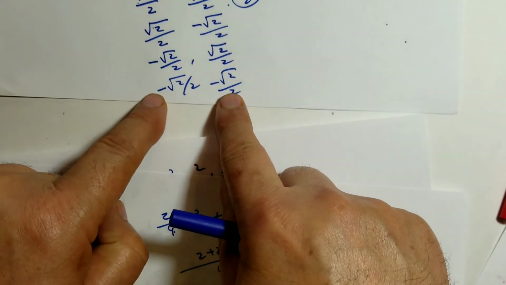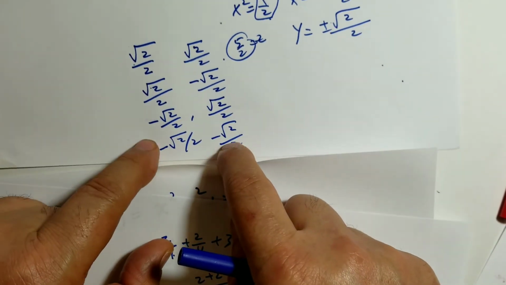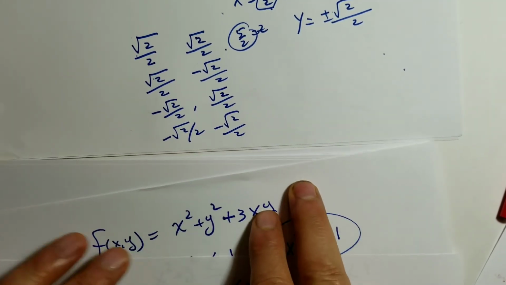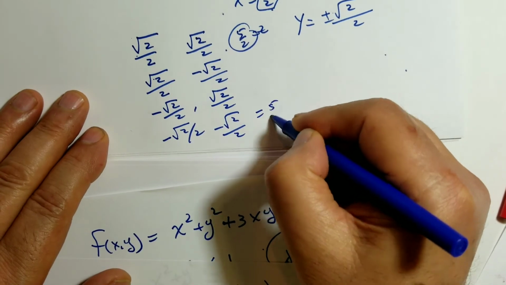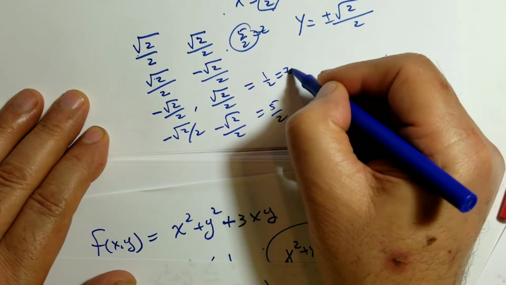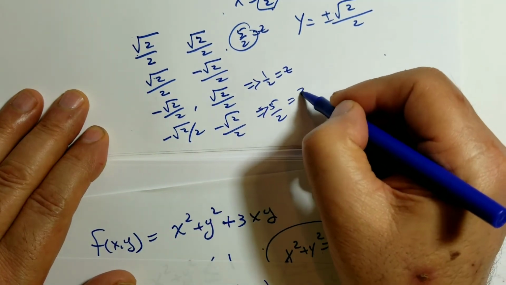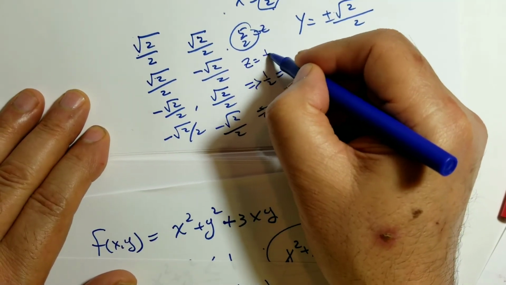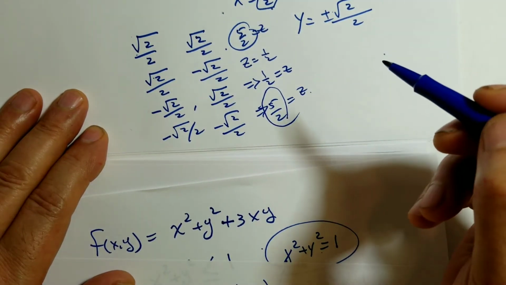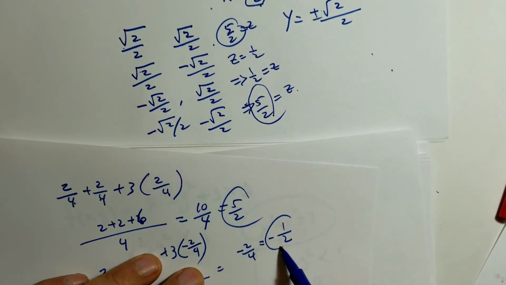When both are negative, negative times negative is a positive, and you square each of them, so they become positive. For this one, you also have 5/2. And for this one, your z is going to become negative 1/2. Therefore, here you have 5/2 and you have negative 1/2.